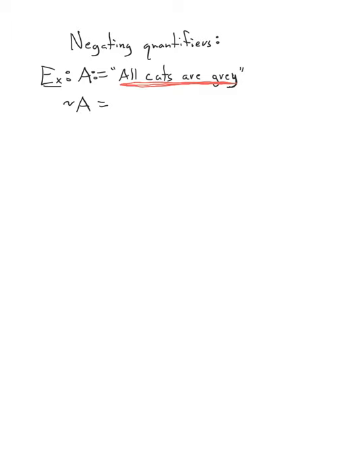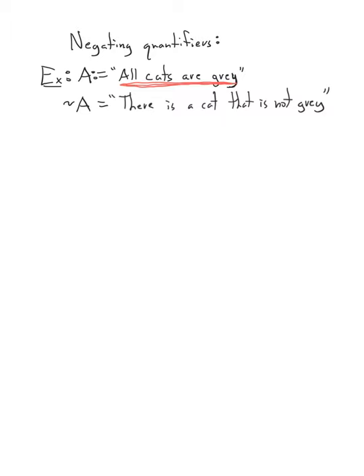Okay, so if all cats are gray is false, what does that mean? It means that you should be able to point at a cat that isn't gray. So the negation of A is, there is a cat that is not gray. Now let's think about what we did here.